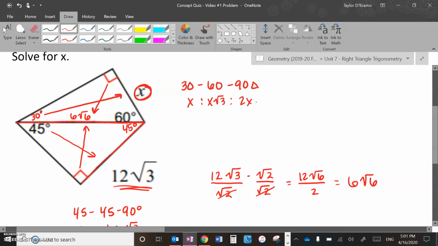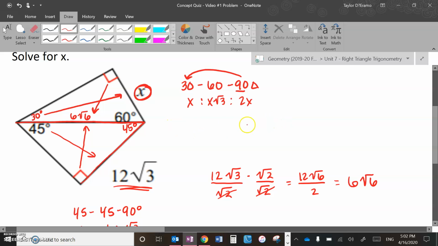So I know that if I'm trying to get it from the 90 over to the 30, I'm going to have to divide by 2, since the 90 side is double the 30 side.